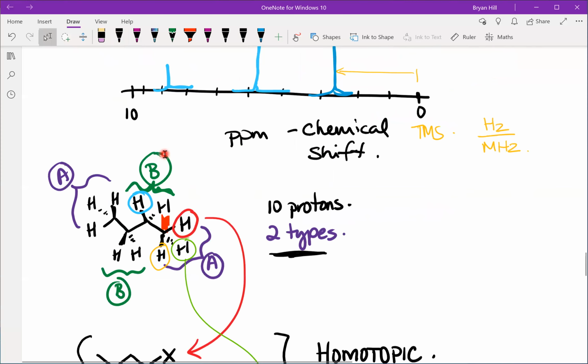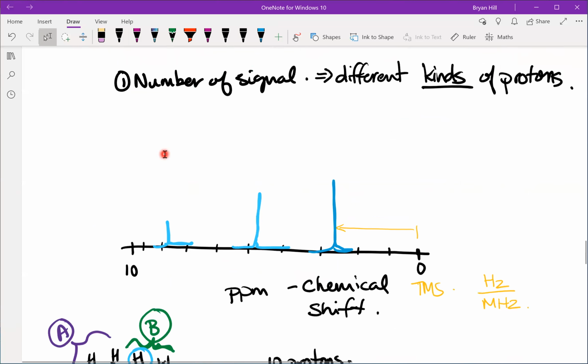Now, if we go back to the various things that we should see on a spectrum, the number of signals will tell us the different kinds of protons there are. The second thing is the location, which is the chemical shift.